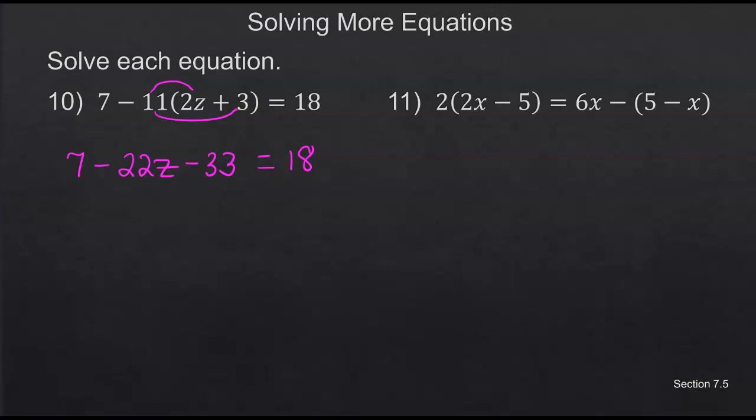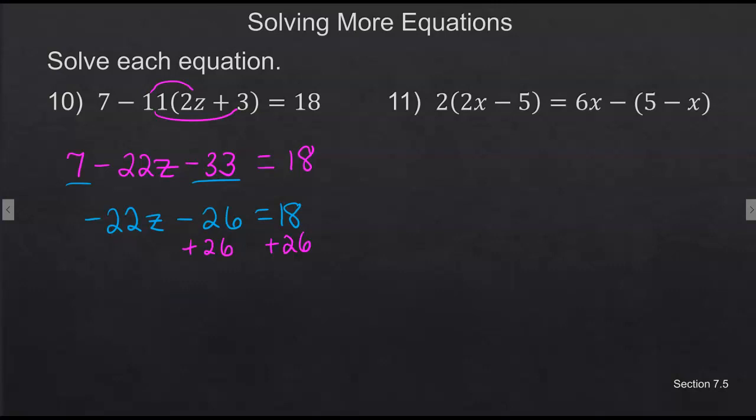We have like terms, 7 and negative 33. We're going to add those together. So negative 22z minus 26 equals 18. And then to solve this, we're going to isolate the variable term by adding 26 to both sides.